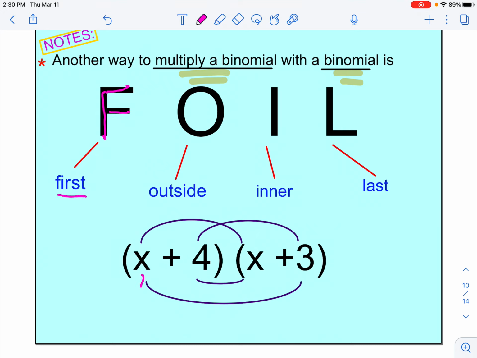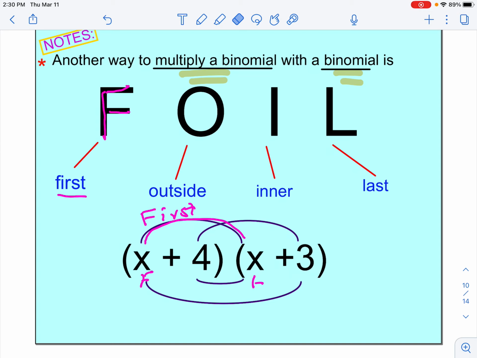So it's the first term in this parenthesis, and it's the first term in the second parenthesis, so it's our first term times our first term, and that multiplication is our F, or first terms.